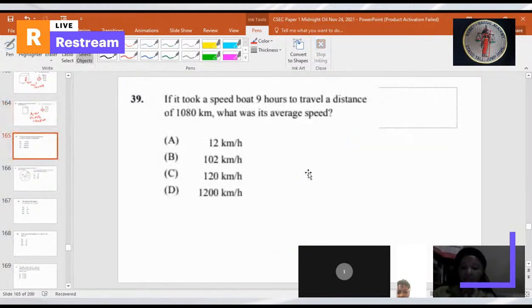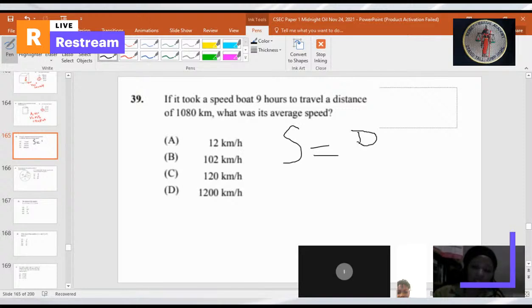Read number 39. If it took a speedboat 9 hours to travel a distance of 1,080 kilometers, what was its average speed? I must define the speed: it's distance over time.